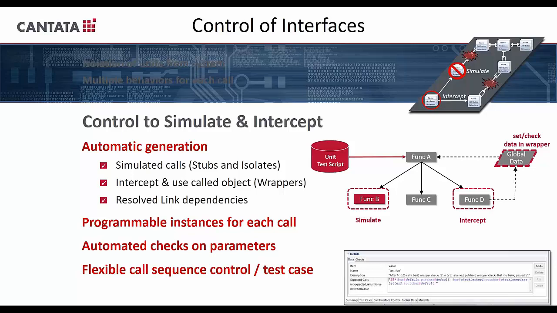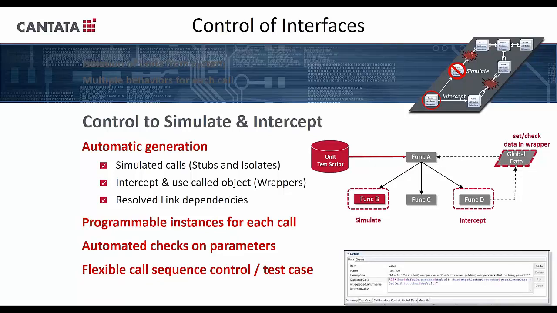So we automatically generate simulations, what some people might call stubs, mocks, fakes, dummies, etc. The terminology we have in our tool is stubs and isolates. But we can also intercept and use the real called object. For this, we call that wrapping.